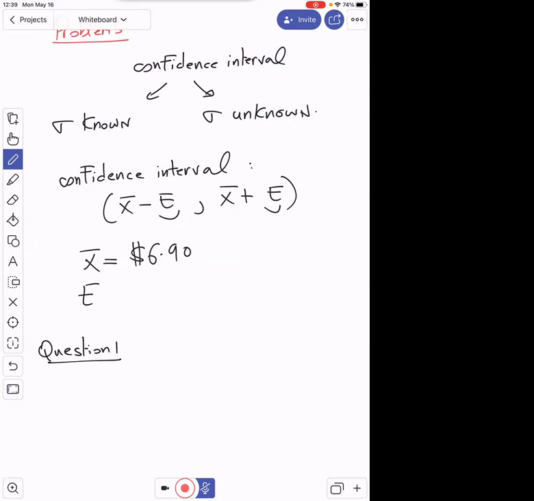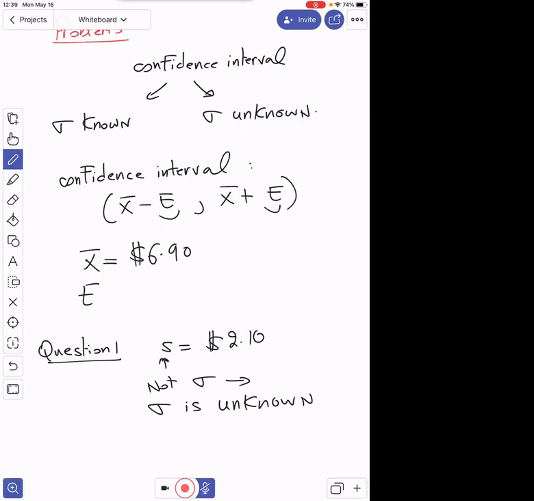So it says S is equal to $2.10, and then you have to find this 95% confidence interval. This is S, this is not sigma. So sigma is unknown in this case. It's not given.